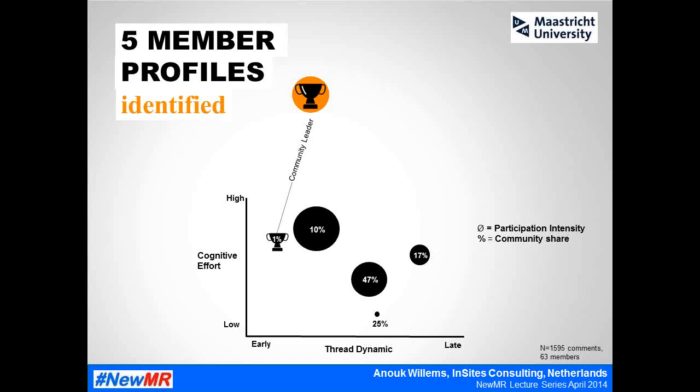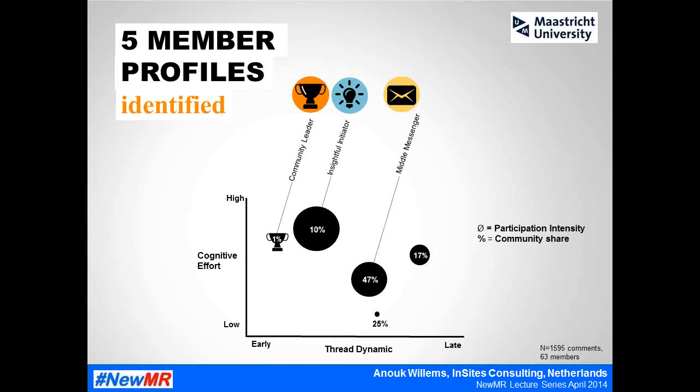Okay, so who are these profiles that we identify? Well, you already see here the first one, and that's the community leader. This is the smallest segment that we have found, but it's an important one, so we mustn't ignore this one. Then, secondly, we have the insightful initiator, and this scores the highest of all types on cognitive effort.